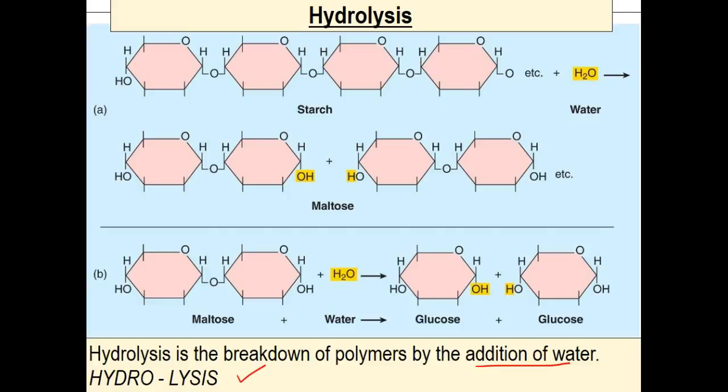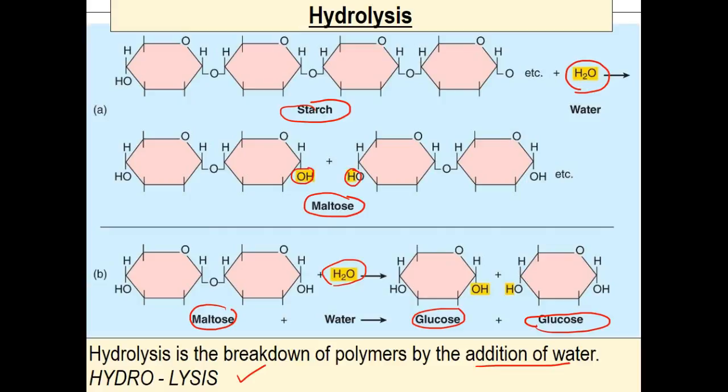Just think hydrolysis, and you have starch that is going to break down with the addition of water into 2 maltoses, the disaccharides, and then maltose can further break down by the addition of water, hydrolysis, into 2 glucoses. And the slide shows you where the water, OH and H, adds onto the products.